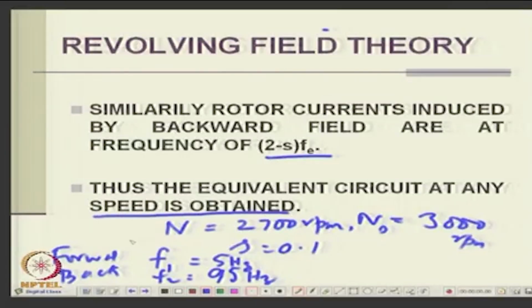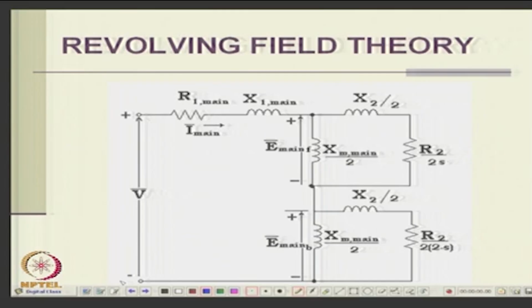So, the equivalent circuit we have to write for different speeds; it is a speed-dependent equivalent circuit. Okay. So, we can write it like this: RS, XLS, XLR by 2, XM by 2, RR by 2S, and then RR by 2 into (2 minus S), and this XLR by 2.